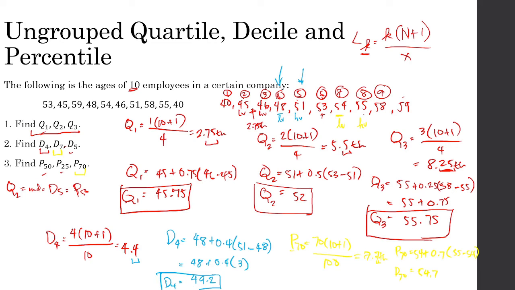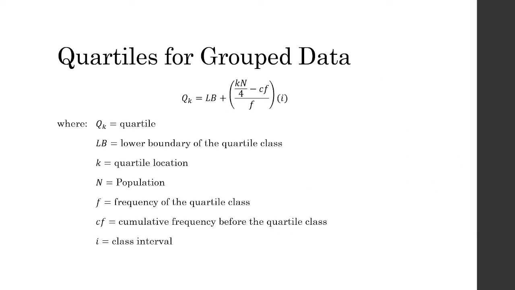So, if we have ungrouped quartile, decile, and percentile, syempre, meron din tayong group data. So we have here quartile for group data, wherein just like the computation of median, we will be using the CF, the frequency. We will be also locating the quartile class. So in here, ganun lang din yung gagawin natin.